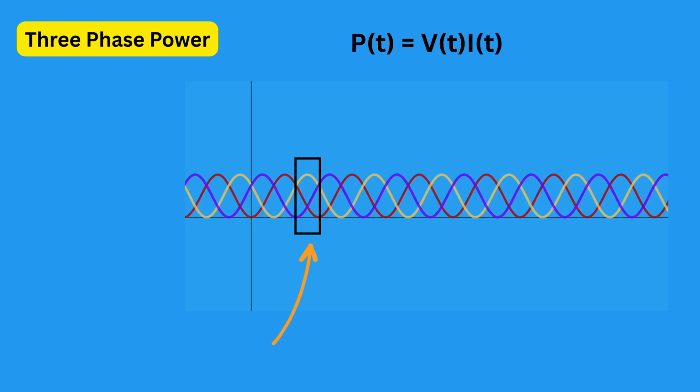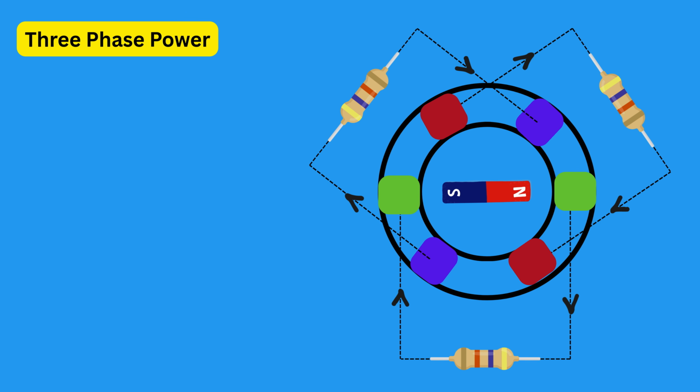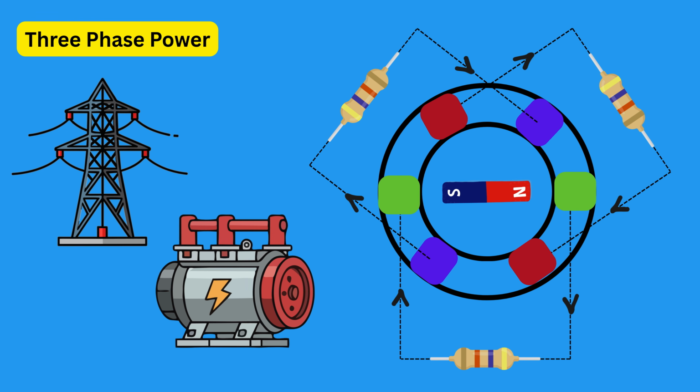The total power output remains constant at every instant, and the average power becomes 1.5 times the maximum power of a single phase. This means more power, smoother delivery, and better efficiency, without increasing the peak stress on any single winding. This is the main reason why three-phase power is preferred in generators, transmission systems, and industrial machines.